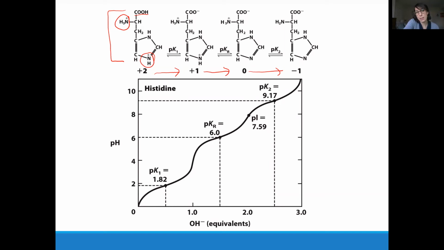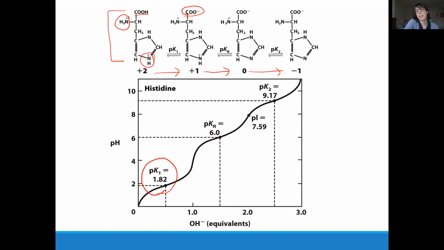Once we get a little bit higher in pH, the first proton that will dissociate, because it's very good at dissociating, is the one on this carboxylic acid. And we know that because its pKa is 1.82. It has a very low pKa. That means at a very low pH, it will get rid of its proton.